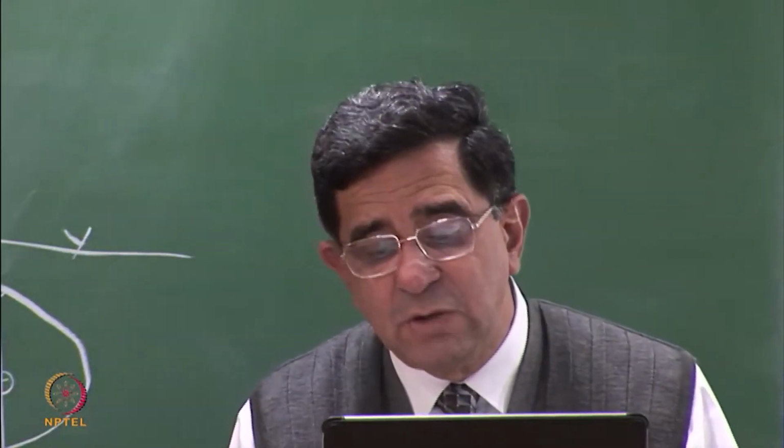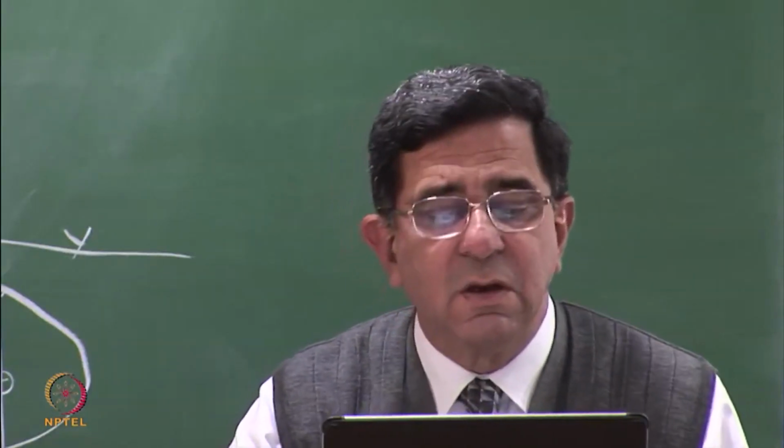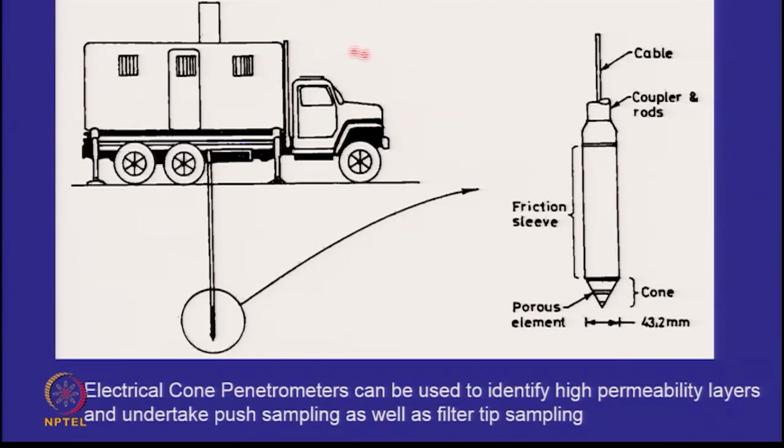And one of the ways to do that is to use a cone penetrometer. So I'll come back to this, but this is our traditional electrical cone penetration device where a cone can be pushed down hydraulically into the soil. So two things happen. I'm using an electrical cone. Electrical cone can have a friction sleeve, a cone tip resistance, and it can also measure the pore water pressure.